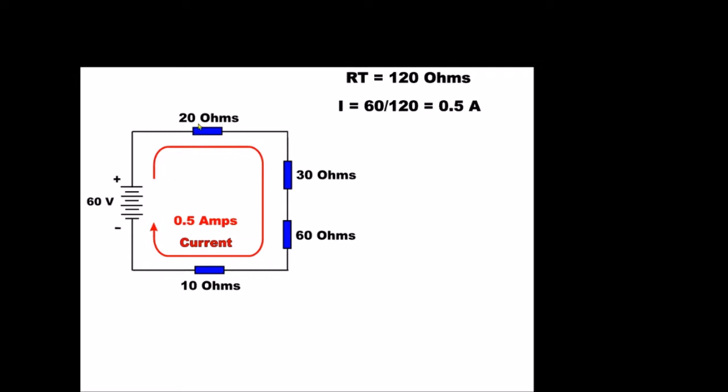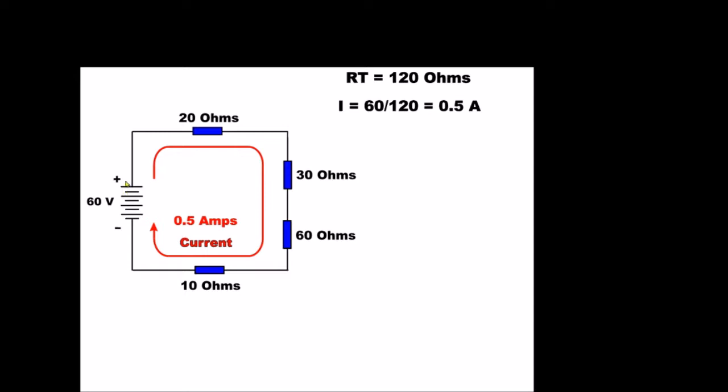These are just resistors, or some form of resistive load. They could be a motor, a lamp, or a fan. Basically, we have resistors in series. They are tied to each other in this basic circuit.